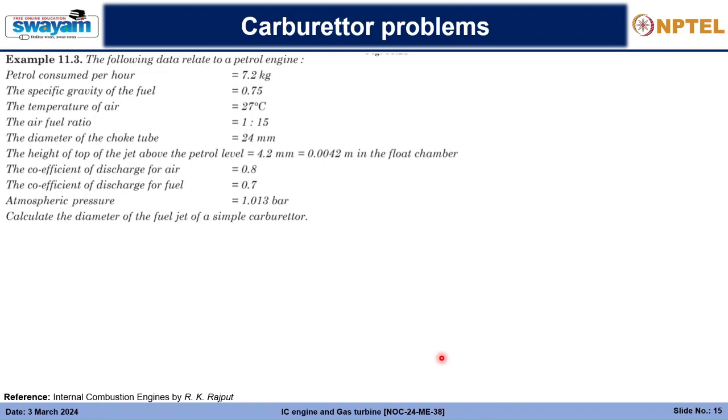Diameter of the choke tube is 24 mm. Height of the top of the jet above the petrol level is 4.2 mm, the coefficient of discharge of air is 0.8, and the coefficient of discharge of fuel is 0.7. Atmospheric pressure is 1.013 bar. We need to calculate the diameter of the fuel jet of a simple carburetor.